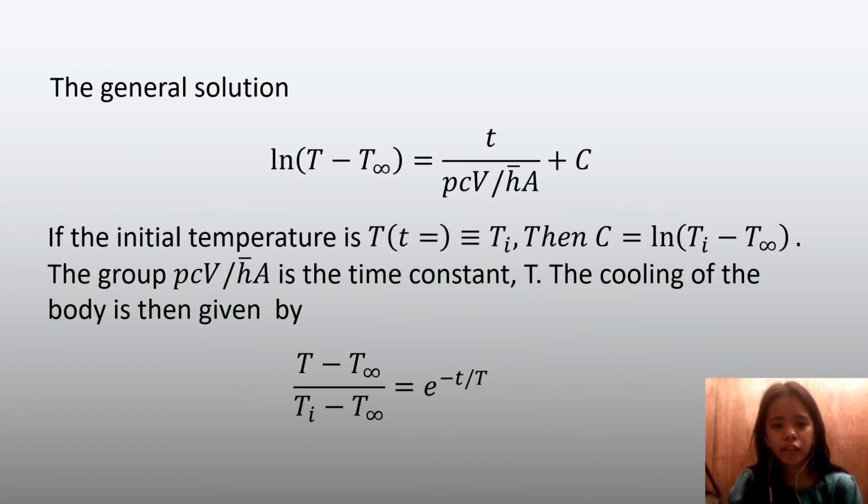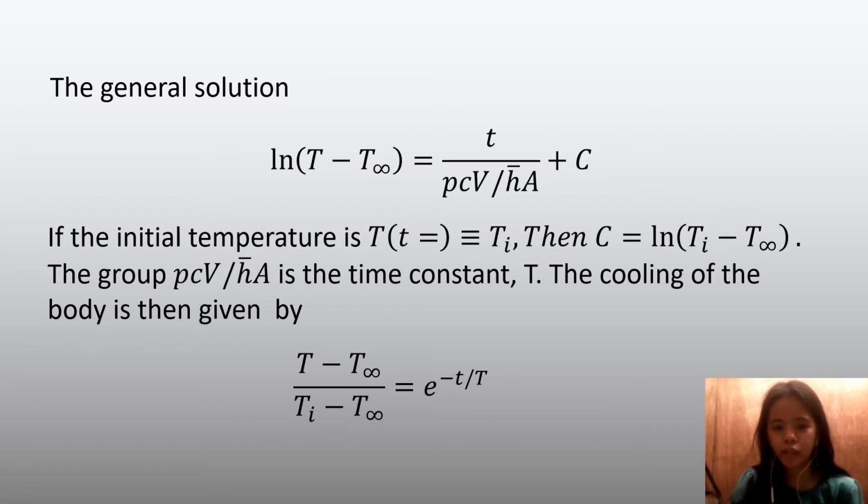So next, the general solution is the logarithm of (T minus T infinity) equals negative t over (rho c V over h A) plus C. If the initial temperature is T i, then C is the logarithm of (T i minus T infinity).